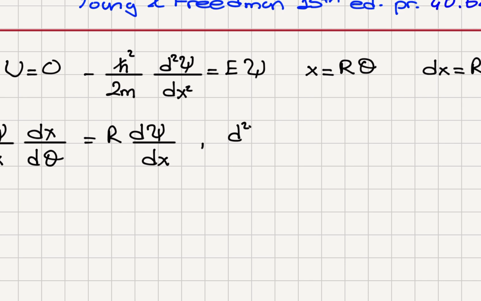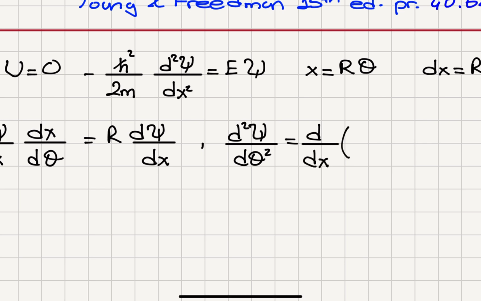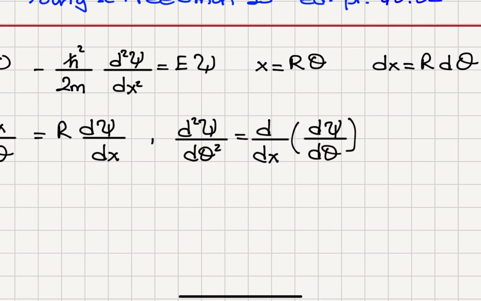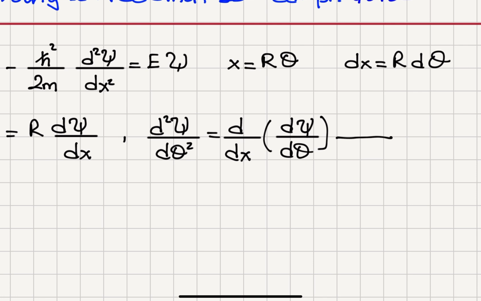If I go to the second derivative, d squared psi d theta squared, now I have to take a derivative with respect to x of d psi d theta and then multiply it by dx d theta.